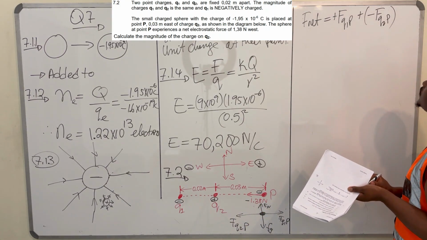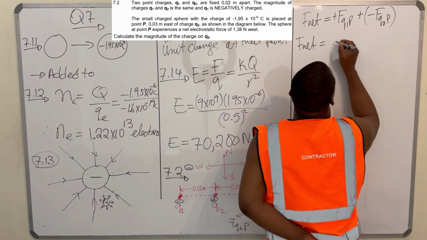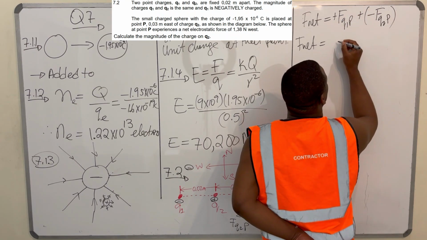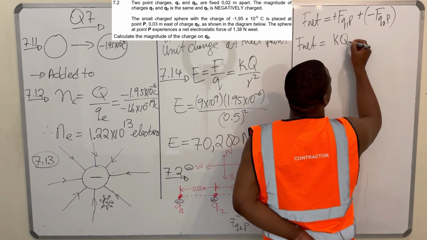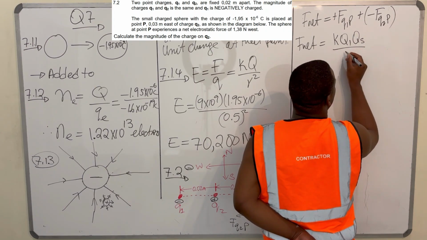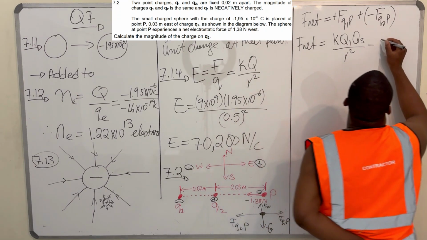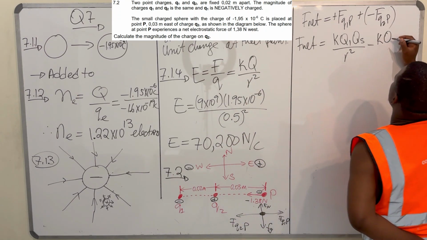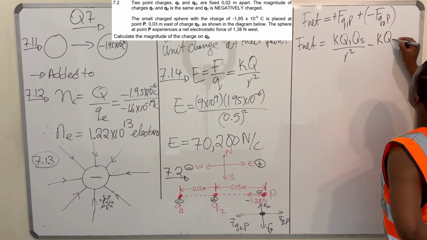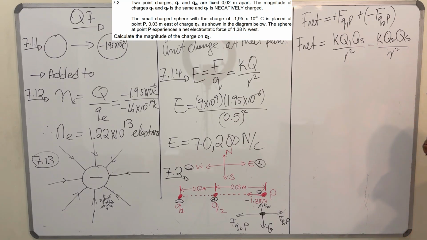So what do we do? Okay, our net force is equal to, this is the electrostatic force, which is K, Q1, the charge of the sphere, over the square of the distance between them, minus K, Q2, the charge of the sphere, over the square of the distance between them.